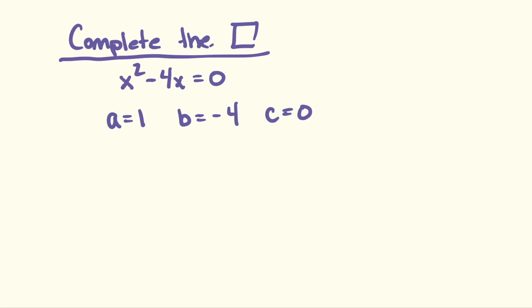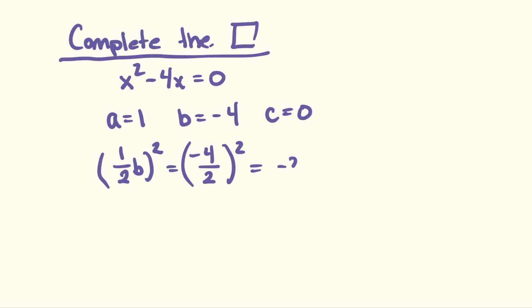The next thing that we're going to do is take 1/2 of b and square that quantity. In this case, our b is −4, so (−4/2)². This is going to be (−2)², which means we are looking at a positive 4. We are going to add that value to both sides of our equation.